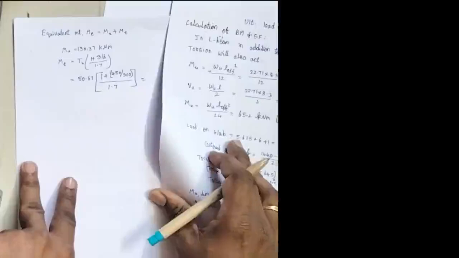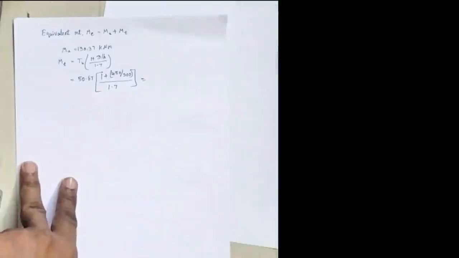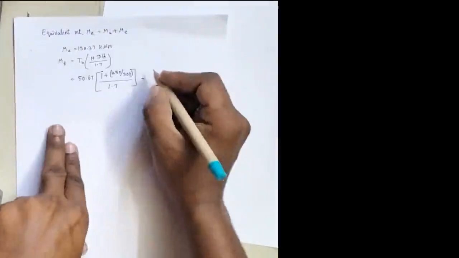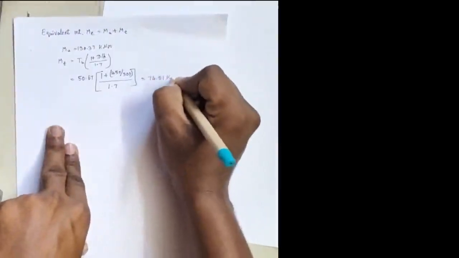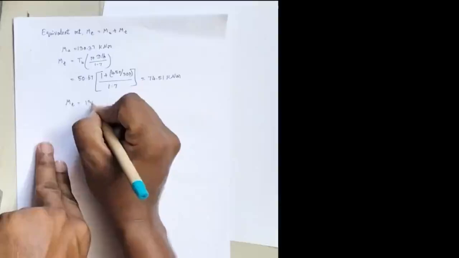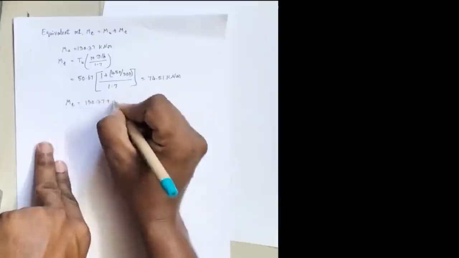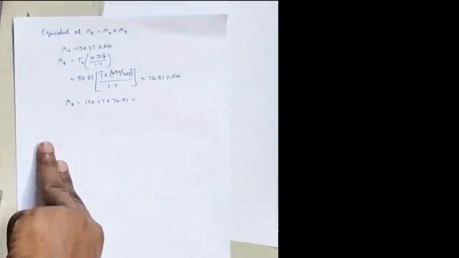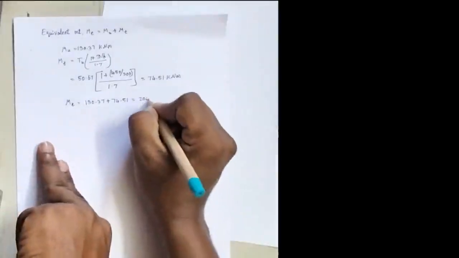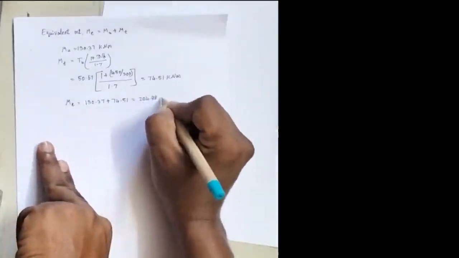The answer we are getting is 74.51 kilonewton meter. So the total equivalent moment ME equal to MU, that is 130.37, plus 74.51, so the value is 204.88 kilonewton meter.